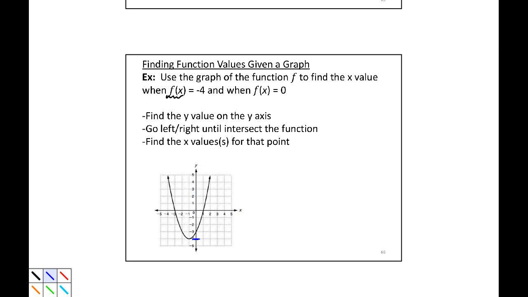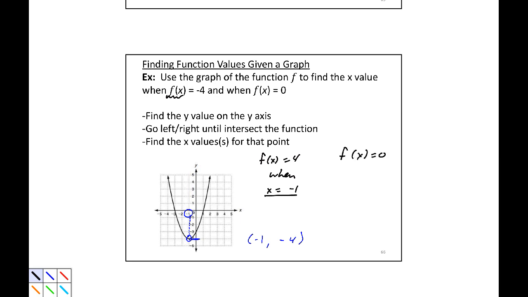So let me write that this way, actually. It'd be something, -4. What x value would match up with -4? Well, if I trace over here, I've got this point right here, which has an input value, tracing back up here, of -1. So I have the point (-1, -4), which means that f of x equals -4 when x equals -1. That's what I'm after.